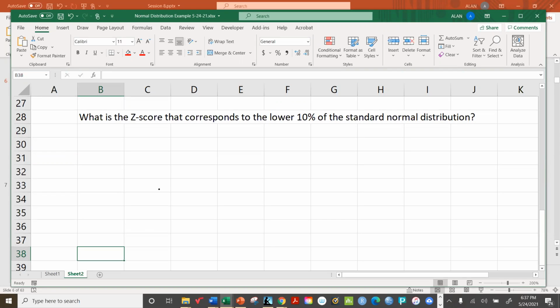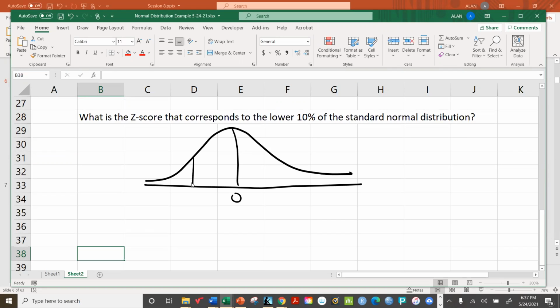Okay, well, let's see, what would that look like? How do I know? Well, for that, there's another special function.